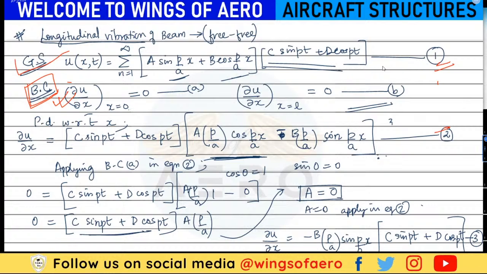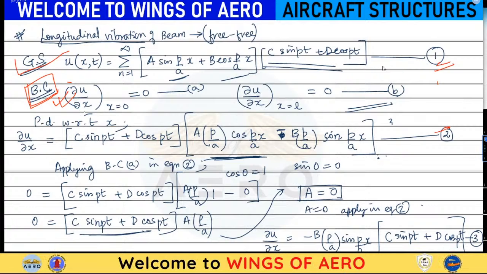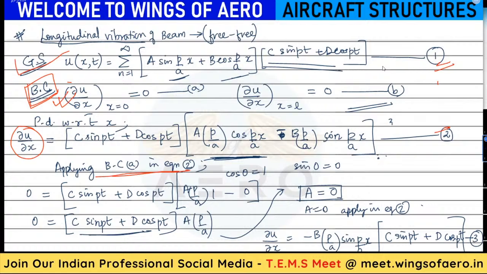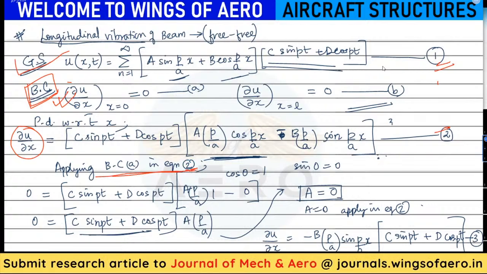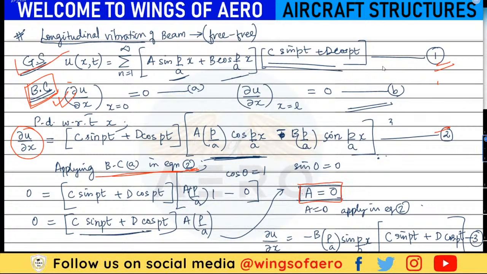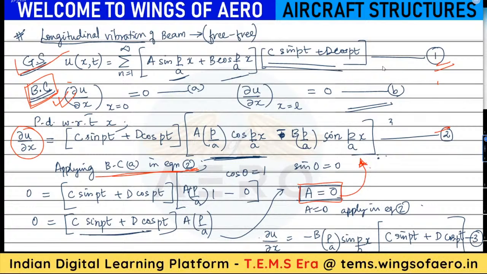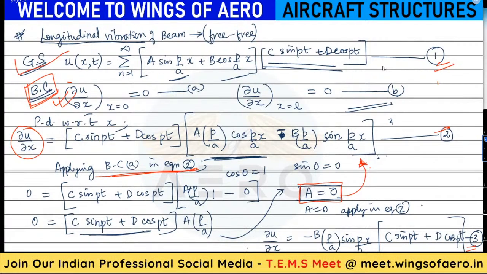After applying the boundary condition, you have seen you need some kind of differentiation with respect to x. So first I found the differentiation with respect to x. Then I applied the first boundary condition. After applying it, I obtained one of the constants, that is a becomes 0. I applied this to the previous equation, a equal to 0, and got another new equation called equation 3. Now in this equation 3, I'm going to apply this boundary condition B.